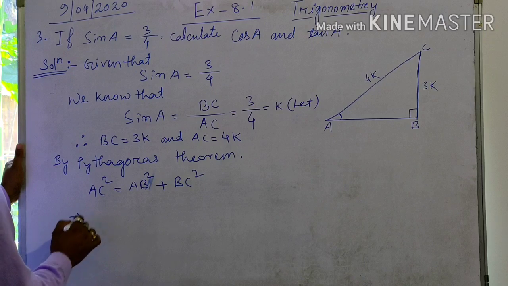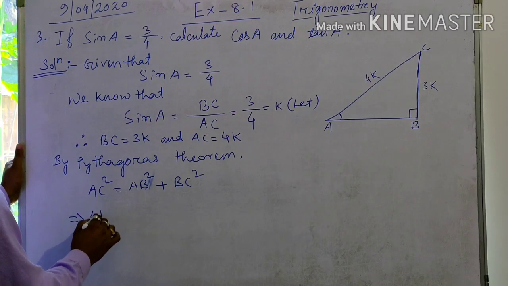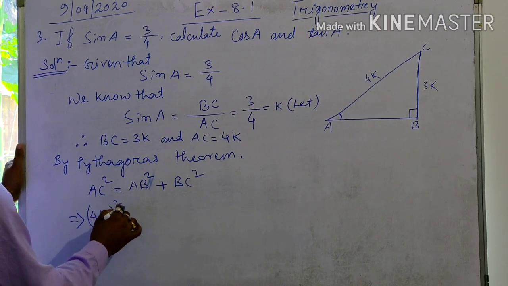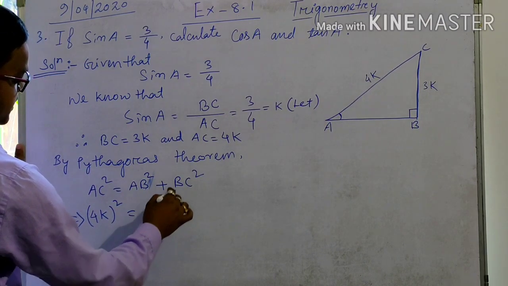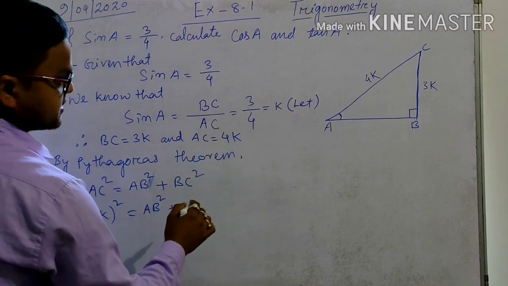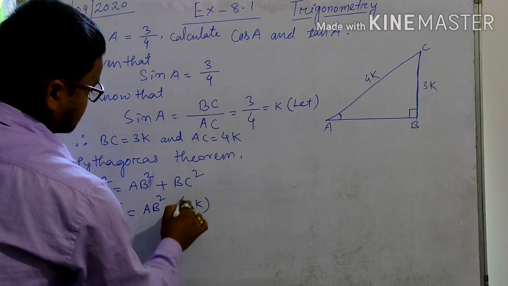Your AC value is given as 4K, so you put 4K whole square, and AB square you have to find. Then BC is equal to 3K whole square.